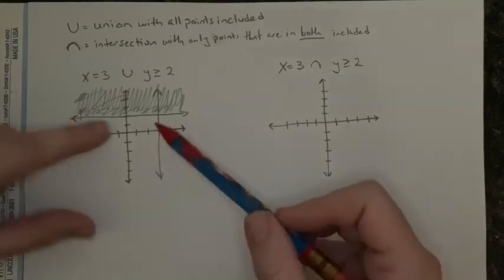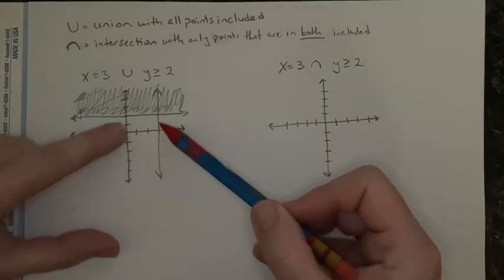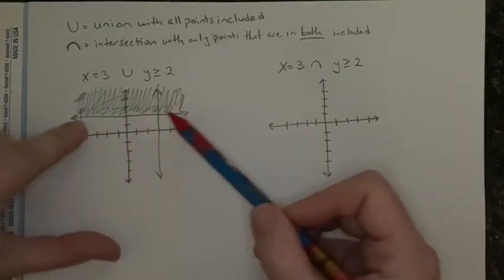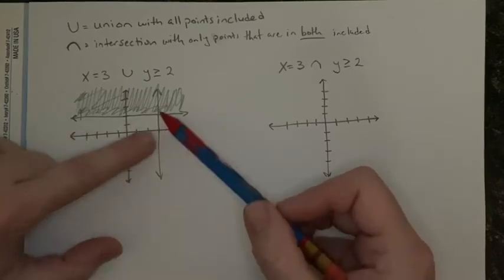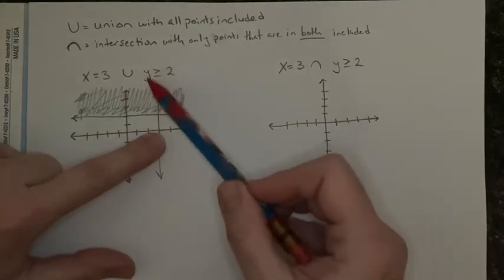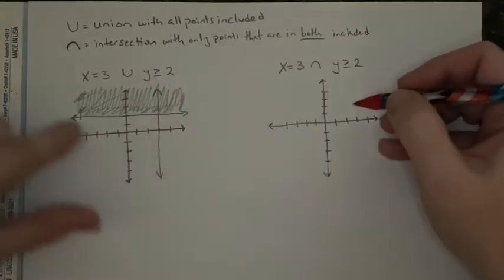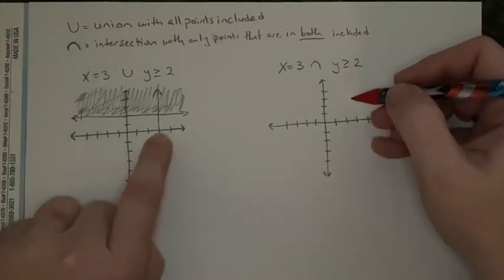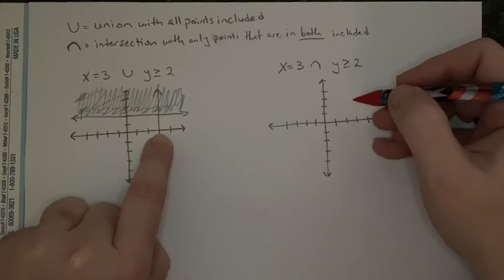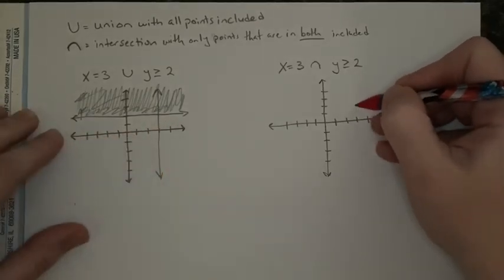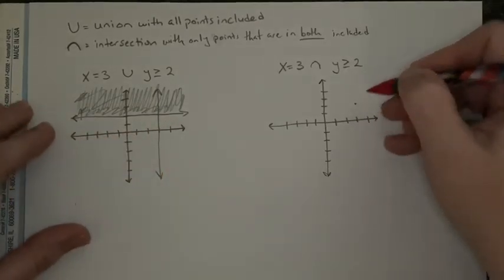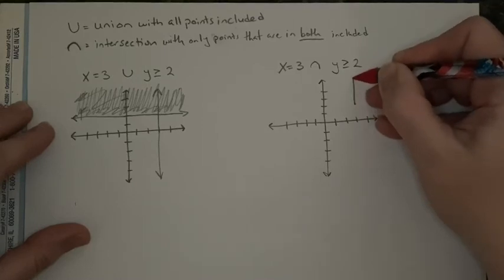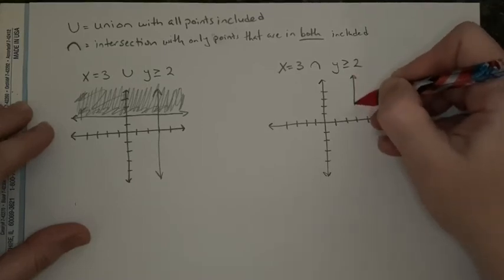And anything below this line here, below our y equals 2, is not in this equation. So for the intersection of these 2, we would have to go to x is 3 and y is 2. And then it would simply be a vertical line from that point.